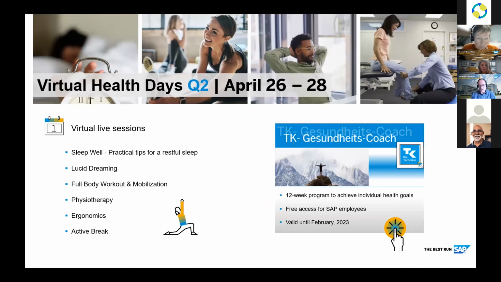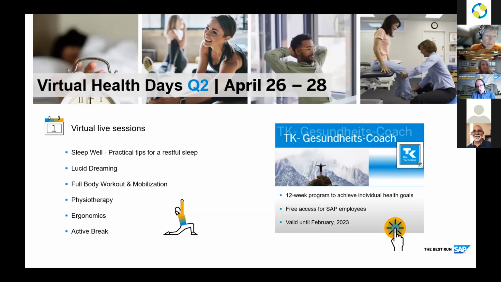And of course, we support our employees with further offers. You see a few examples here. For example, our virtual health days. We have these virtual health days in all offices worldwide in the spring and in the autumn of every year. And you can see a small selection on the left side of what is offered.